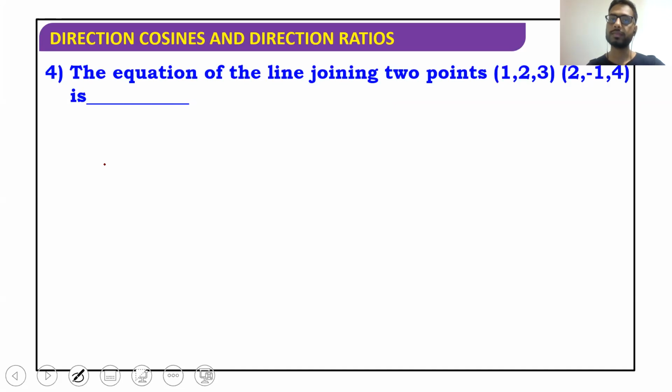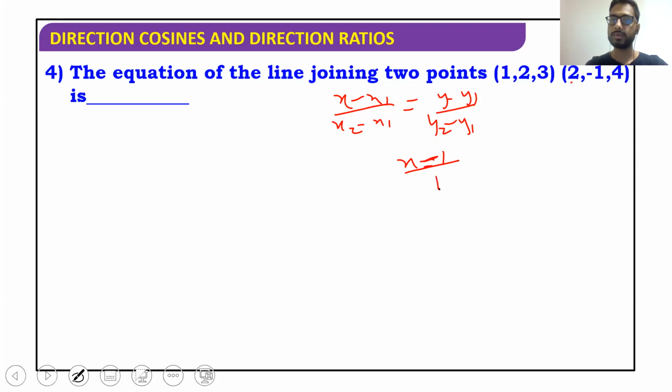Now, the equation of a line joining 2 points. You can use your 2-point formula, x minus x1 upon x2 minus x1, which is also equal to y minus y1 upon y2 minus y1. Therefore, x minus x1 is x minus 1 in this case, and x2 minus x1, so 2 minus 1 would be 1, which is also equal to the other ratios. Similarly, you can get the y and z coordinates.